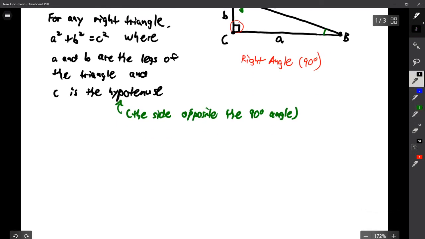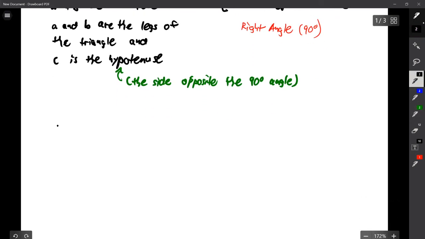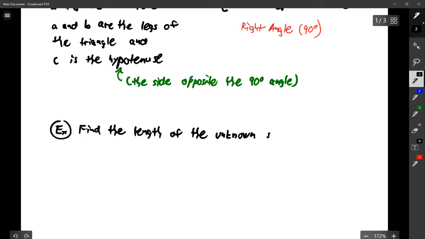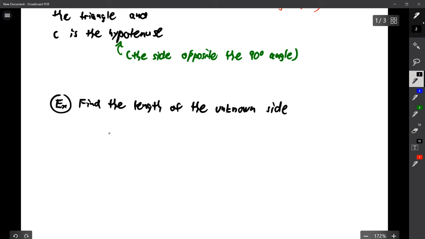And that's what some of the homework problems are like. So, for example, we have stuff like this, like find the length of the unknown side. And let's say we start out with this triangle like this.